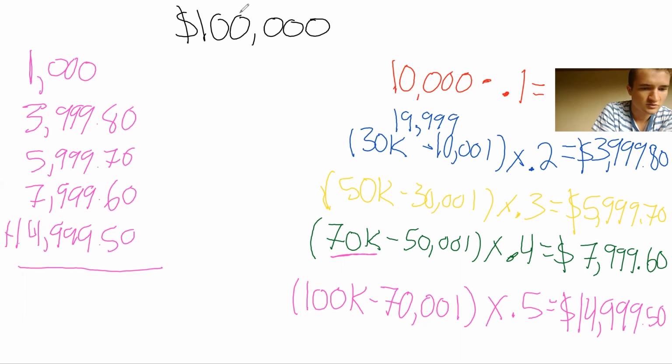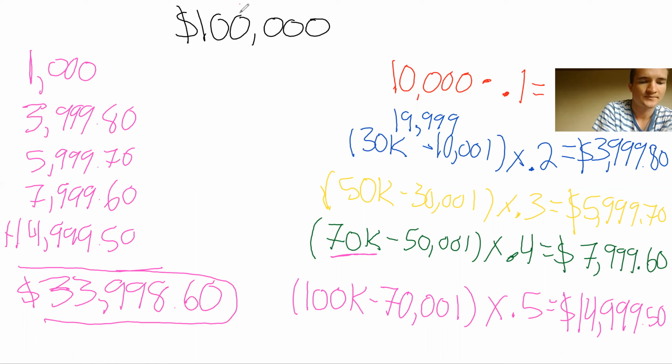Your total taxes should be, if I did my math right, $33,998.60. So that's your total taxes, right?